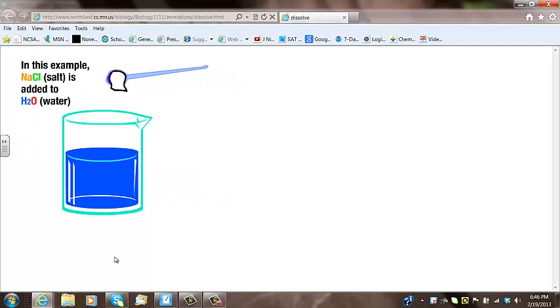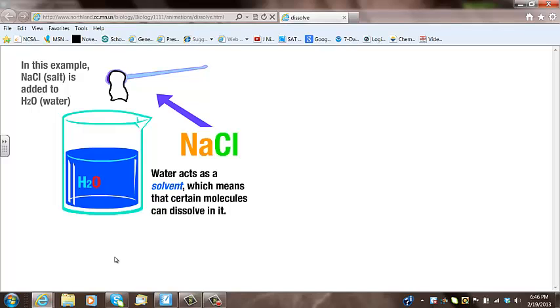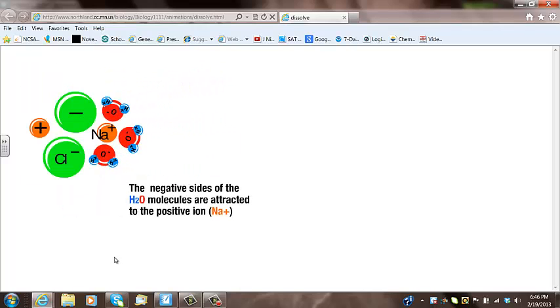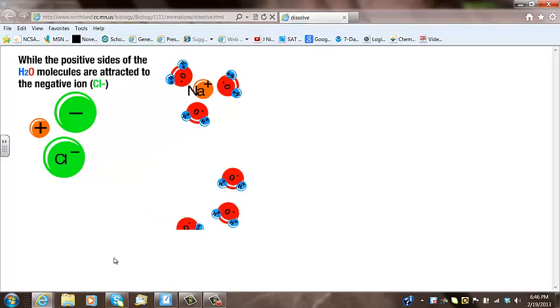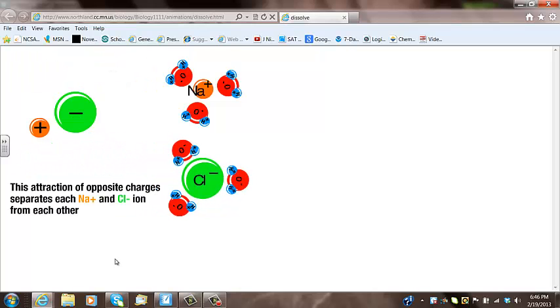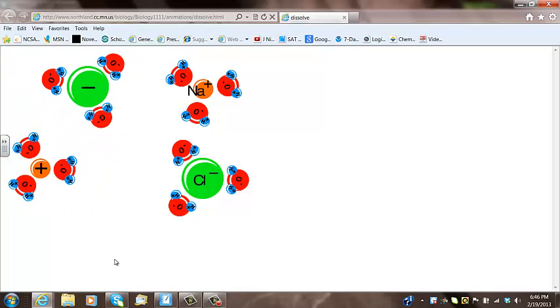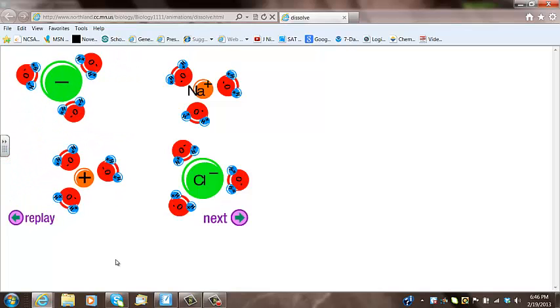So in this example, NaCl salt is added to water. Water acts as the solvent, which means that certain molecules can dissolve in it. When that happens, you can see that the negative sides of the water attract the positive Na, where the hydrogens attract the Cl minus, and dissolving takes place.